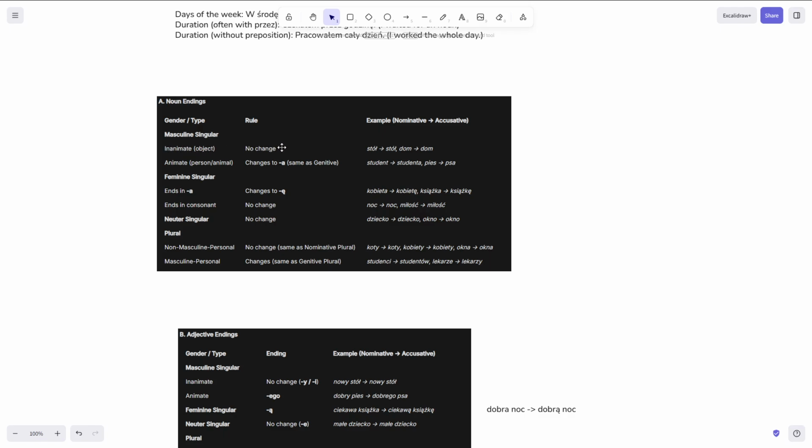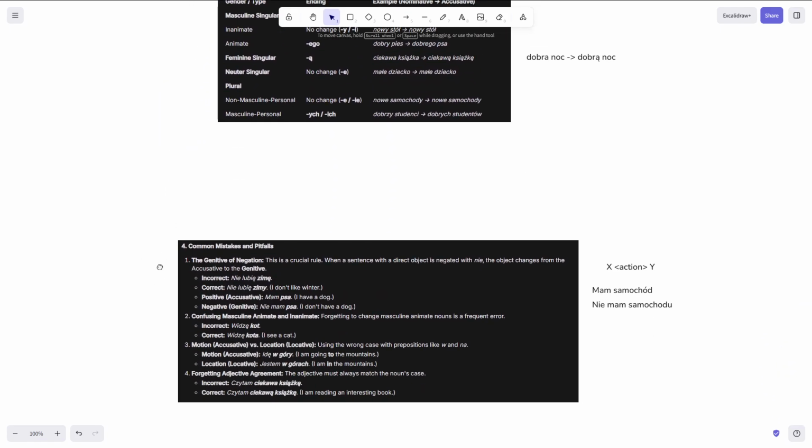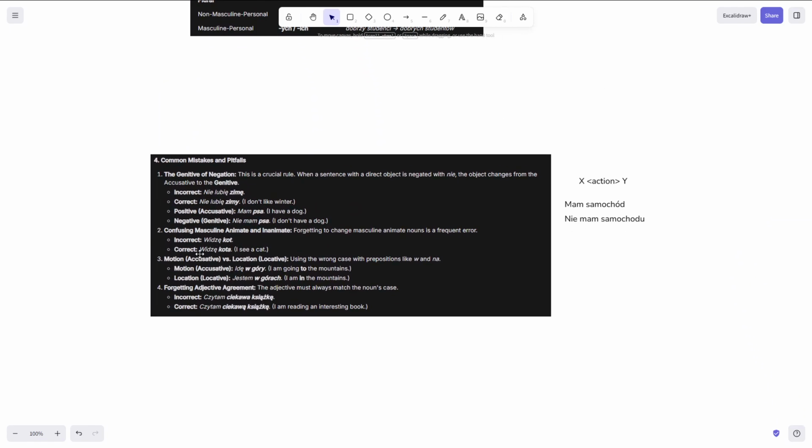It is not an object, so we have to perform some change, and it is this one, animate noun, which talks about a person or animal. The change is adding the a. So it is not widzę kot, it is widzę kota. I see a cat. Widzę kota. An a is added at the end because cat is masculine and it is animate.